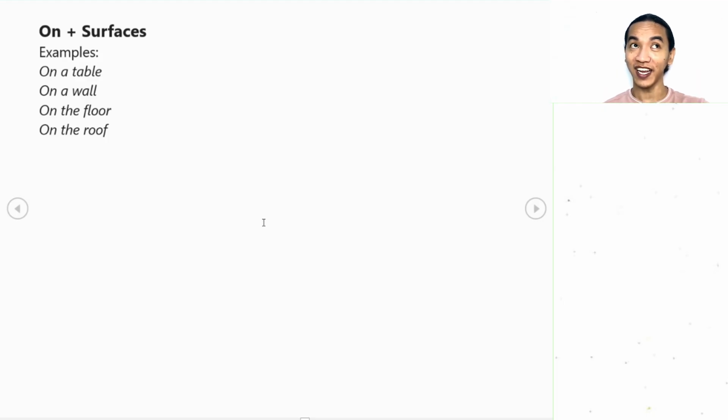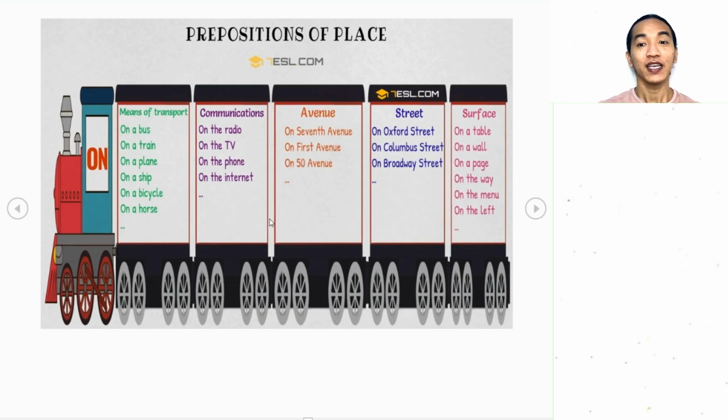On the floor and on the roof. So when we're talking about surfaces, then we use on. Next one. So here is our summary of on. Remember, we were talking about means of transportation, communication, avenue or street, and surface. We use on.